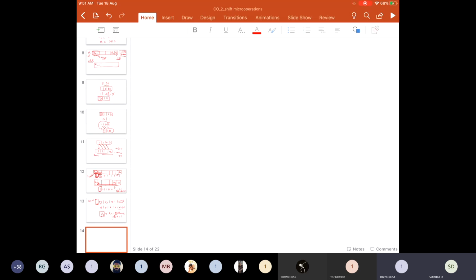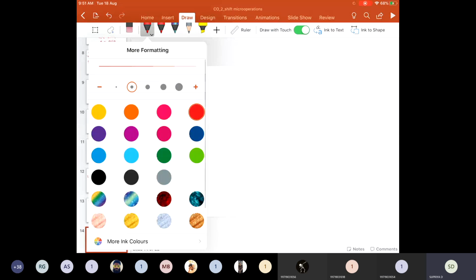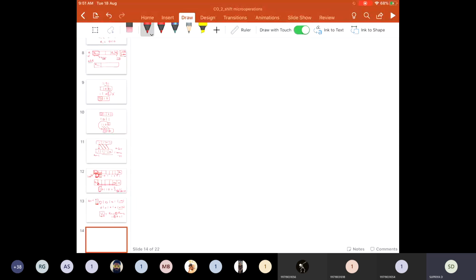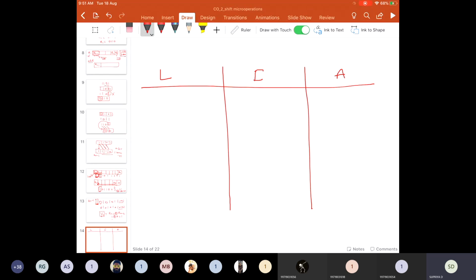See, we have three types of shift operations. One is logical, the second one is circular, and the third one is arithmetic shift operations. The first one is logical. The second one is the circular shift left and shift right operation. And the third one is the arithmetic shift left and arithmetic shift right operation. In logical shift operations, a serial 0 is included in the most significant bit or in the least significant bit of a given number.